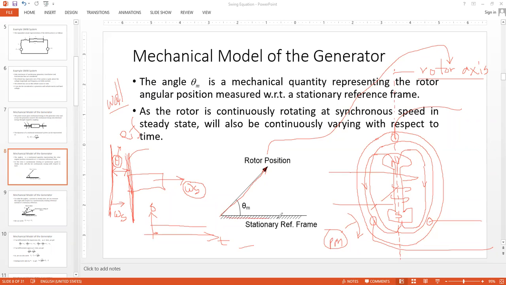This stationary reference frame is for measuring the rotor position in an absolute manner. If we take a stationary reference frame for measuring the rotor position, whatever angle or distance you get is absolute.